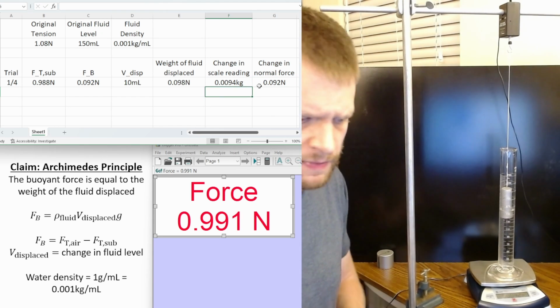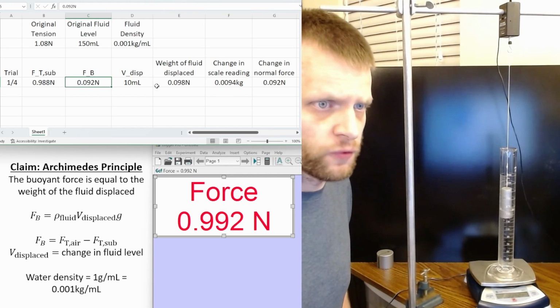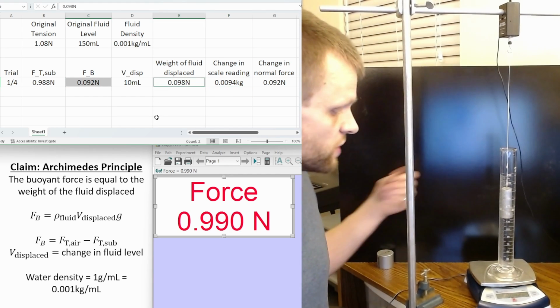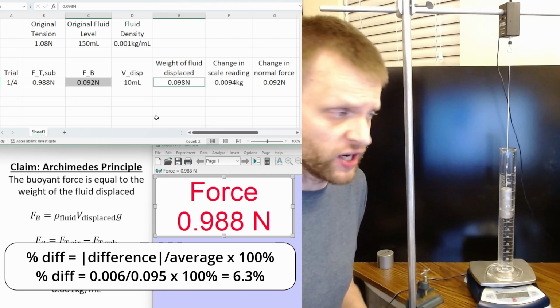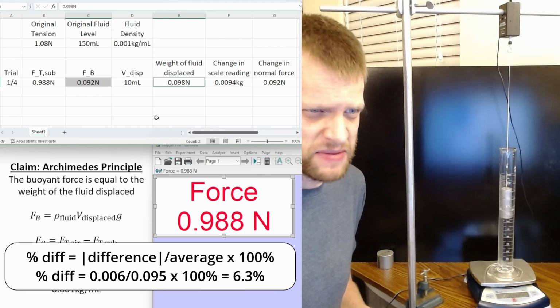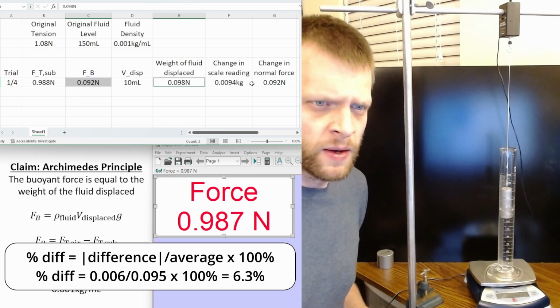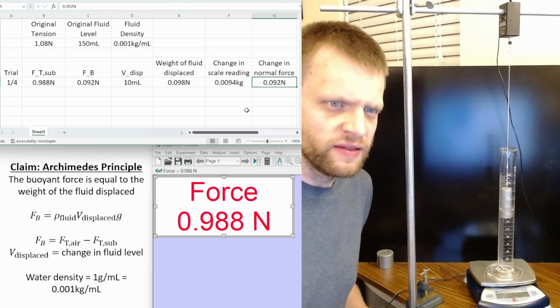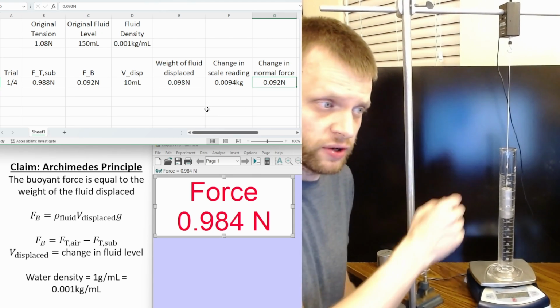Okay. So again, our original claim is that the buoyant force should be equal to the weight of the fluid displaced, and it looks like those are matching up. I'll throw a percent difference on after calculating that, but it looks like maybe 6 or 7% off. But also, strangely enough, this seems to match the change in the normal force acting on this graduated cylinder.